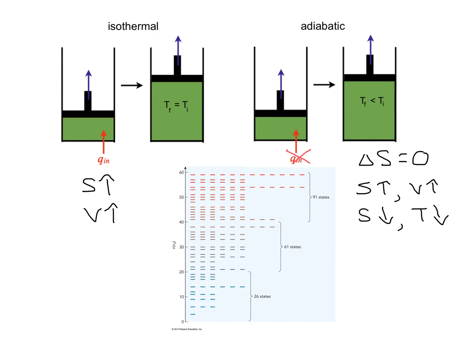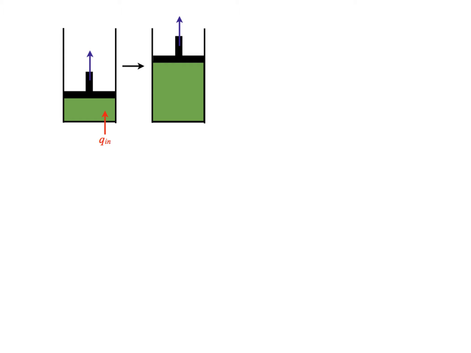To calculate the change of entropy in the isothermal case, we recognize that we want to calculate a change in entropy when the volume is changing at constant temperature. Recall that solving problems in thermodynamics always begins with a partial derivative. Our next step is to find an expression for this partial derivative.